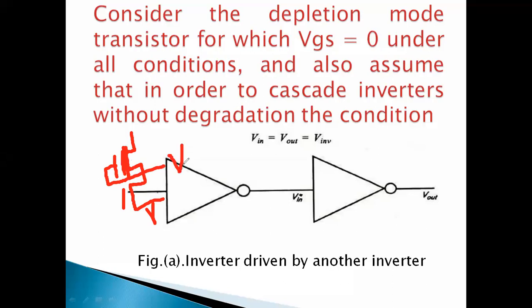We have drawn this diagram previously. Vout, and the supply voltage is VDD, and with respect to the ground, VSS or GND.